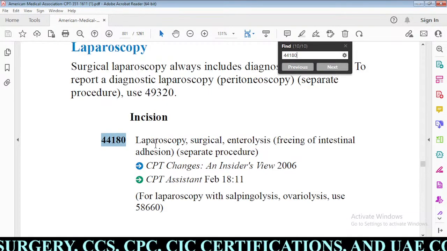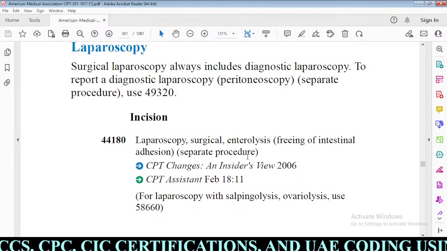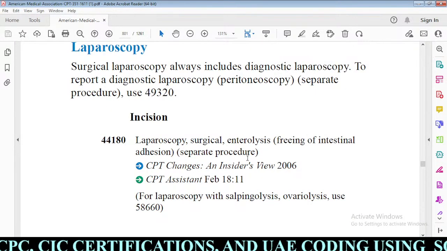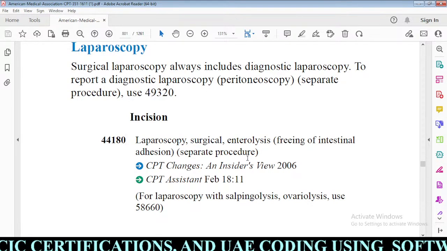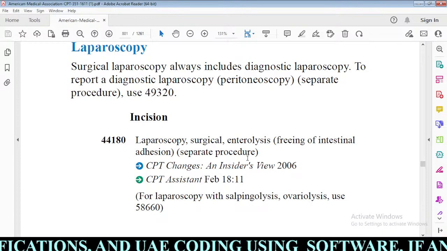So it's a laparoscopic procedure. So the physician here performed an open procedure. So we will directly eliminate B and D. So we are left with A and C. We will check A and C now.